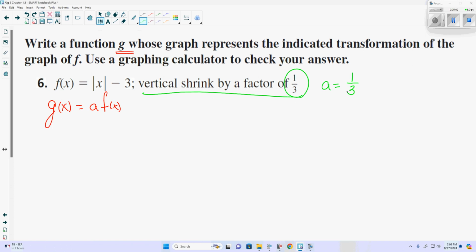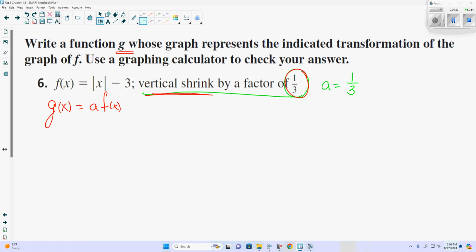Questions on this here? Yes. So a is going to be the amount that we stretch or shrink the function by. So if it's vertical stretch or shrink, a is going to be the amount that we stretch or shrink it by.